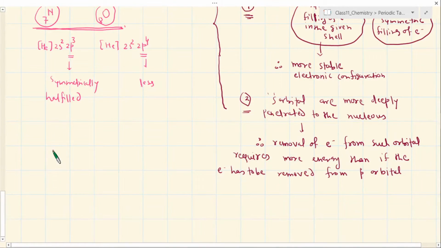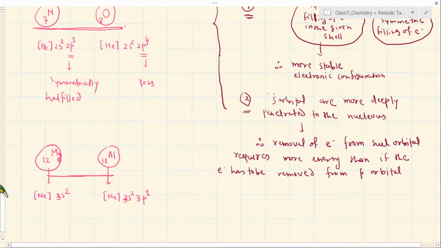Also a similar case is the comparison between magnesium 12 and aluminium 13, which lie in the next period. So these are all the cases that you have to be able to consider. If you look at the electronic configuration for this, you can directly write neon 3s2, and for this it will be neon 3s2, 3p1.